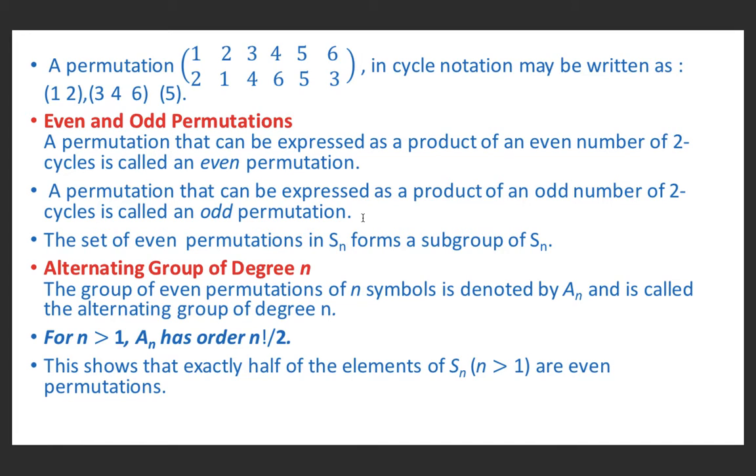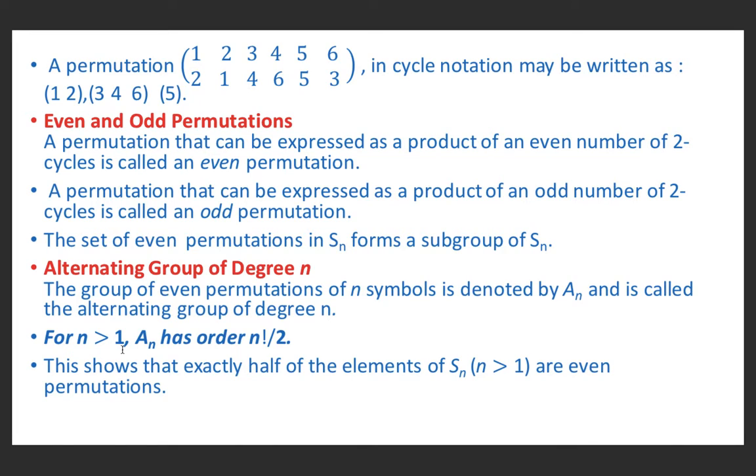It may be easily verified. Now the alternating group of degree n. The group of even permutations of n symbols is denoted by An, and this is called the alternating group of degree n. In this set, we have considered only even permutations of Sn.